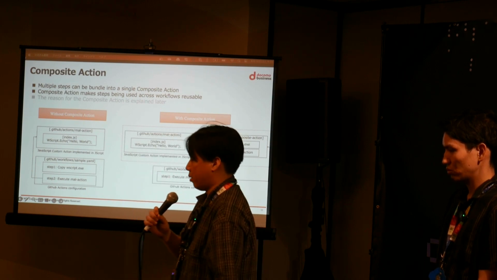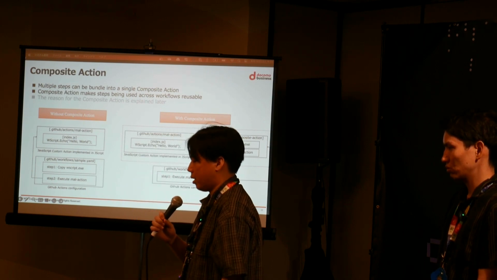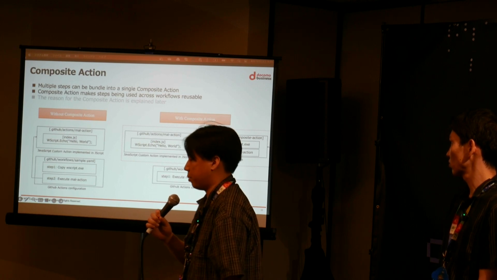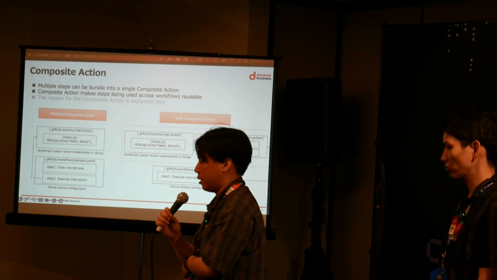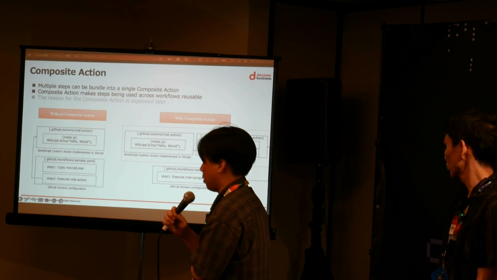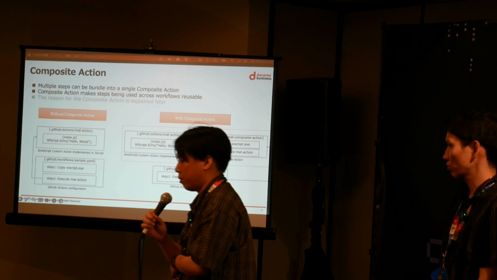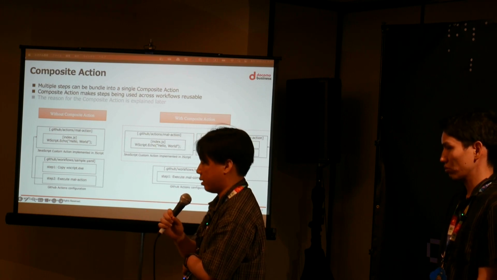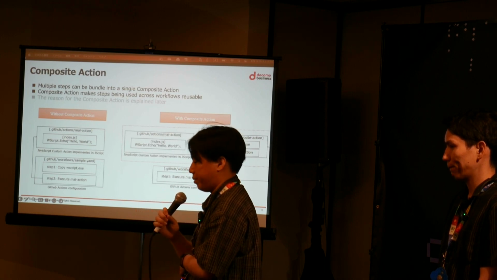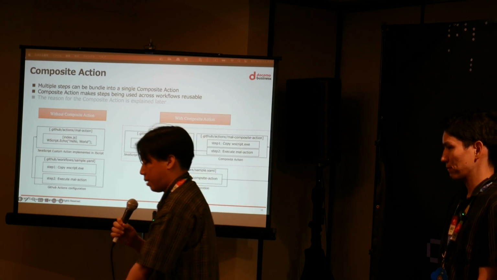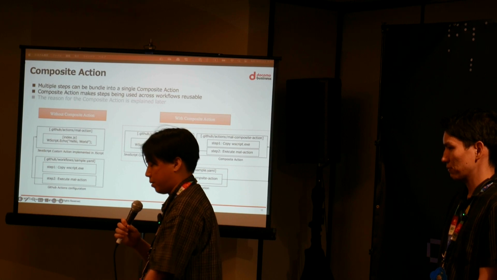We hereby add composite action. This one allows us to bundle multiple steps into one action. The figure on this slide shows how it changes with and without composite action. With composite action, the workflow is consolidated into a single step, and these two steps are defined in the composite action.